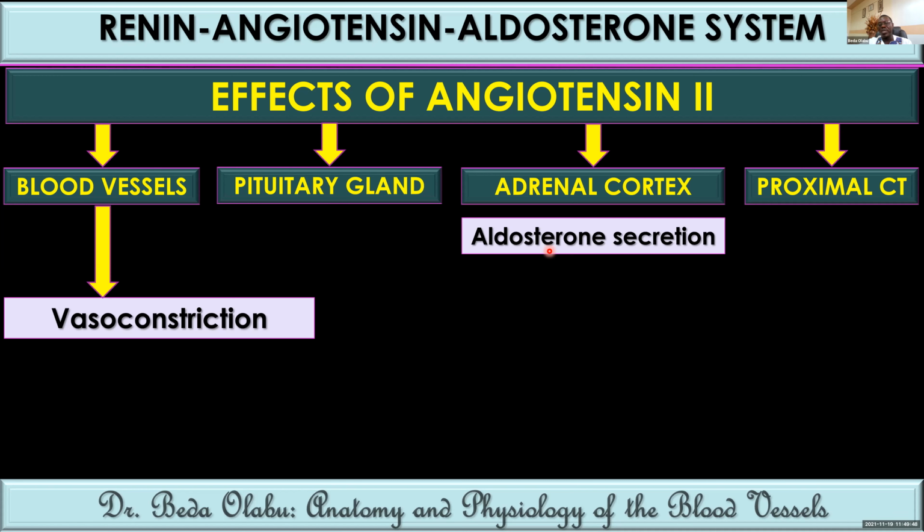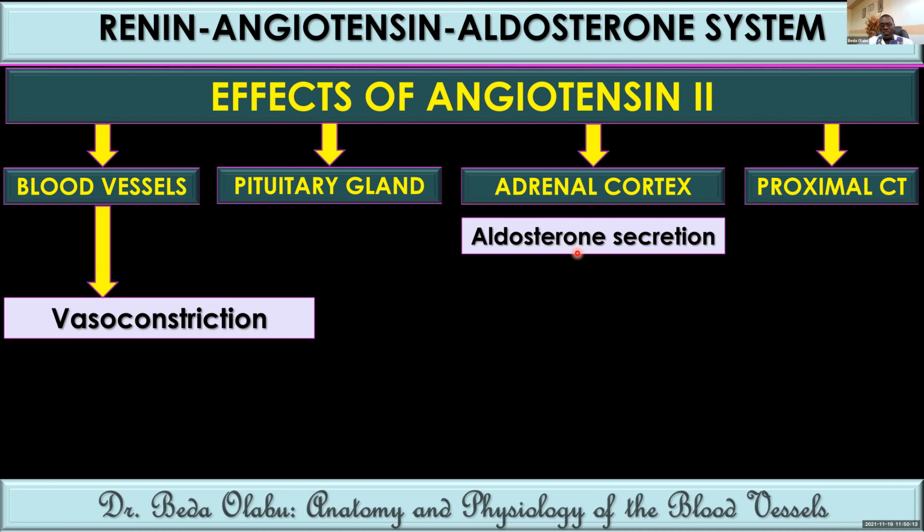In particular, we are talking about the zona glomerulosa. Angiotensin 2 causes the zona glomerulosa to produce aldosterone, which is the main mineralocorticoid. The other zones of the adrenal cortex are stimulated by other things, not necessarily angiotensin 2.